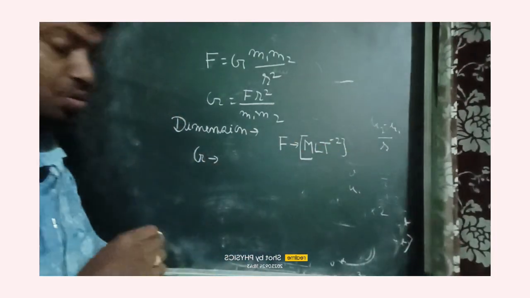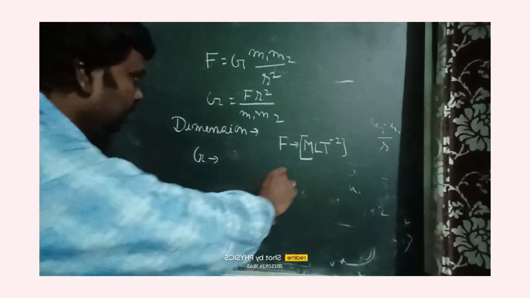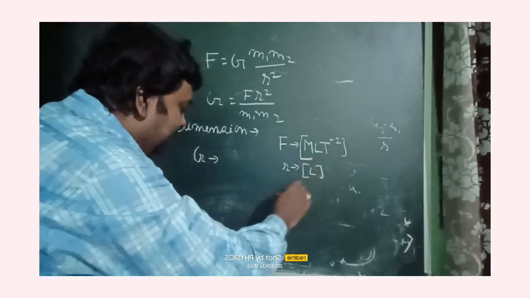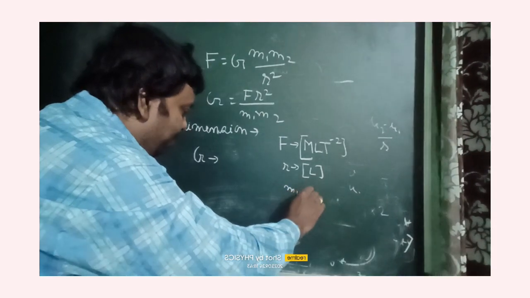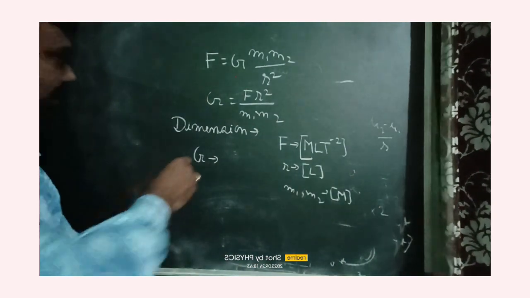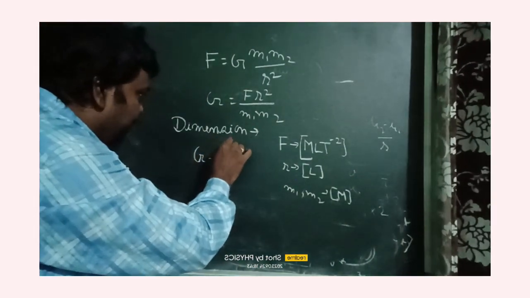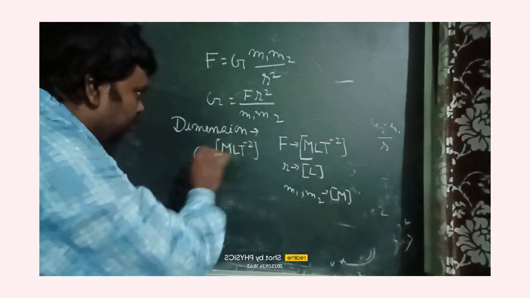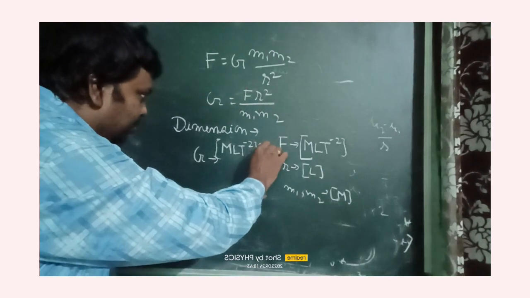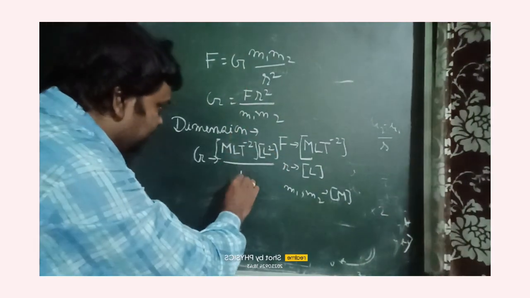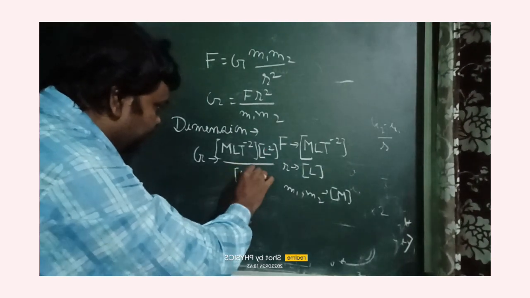We already know about the dimension of force. Now the dimension of distance r is L, and the dimension of m1, m2 is M. Now putting this in, we have M L T to the power minus 2 into r square, meaning L square, upon m into m, that is M square.